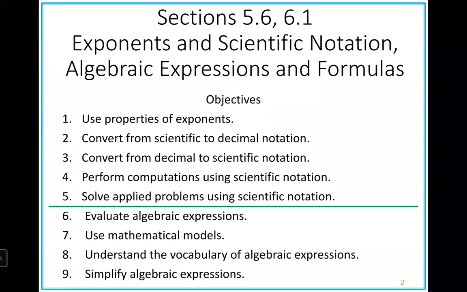Last class we were looking at irrational numbers and real numbers, and you would have gotten some homework for that. So if you did it, please send it to me so I could give you the credit for doing the homework.